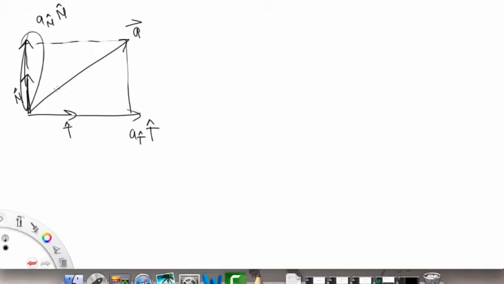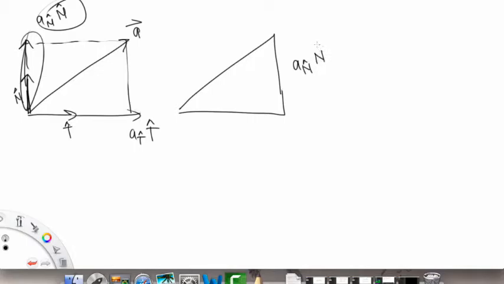Let's say I just draw one triangle. I'm going to move the normal one over here. So this is a sub n hat, pointing up there, and then a is over here, which I'll draw by the hypotenuse. And then this one is our a sub t, t hat.